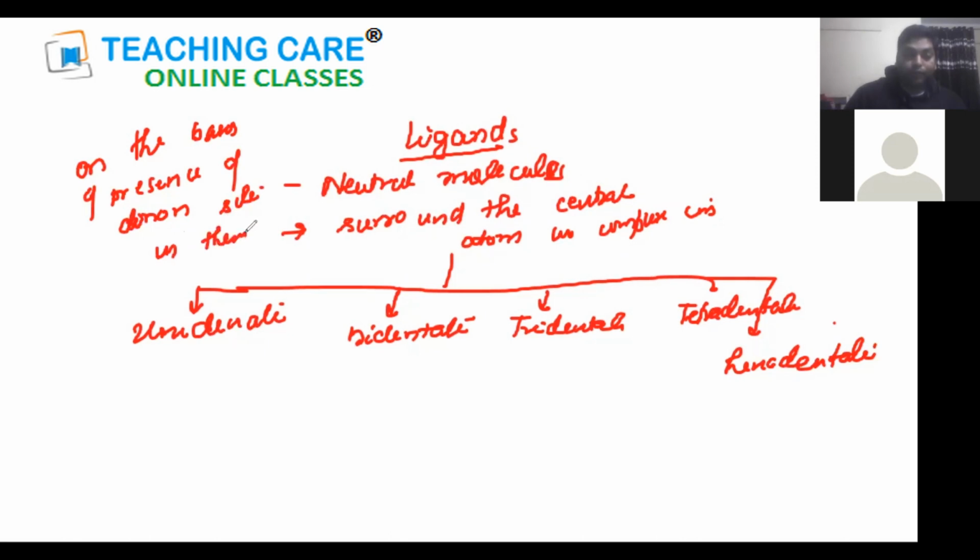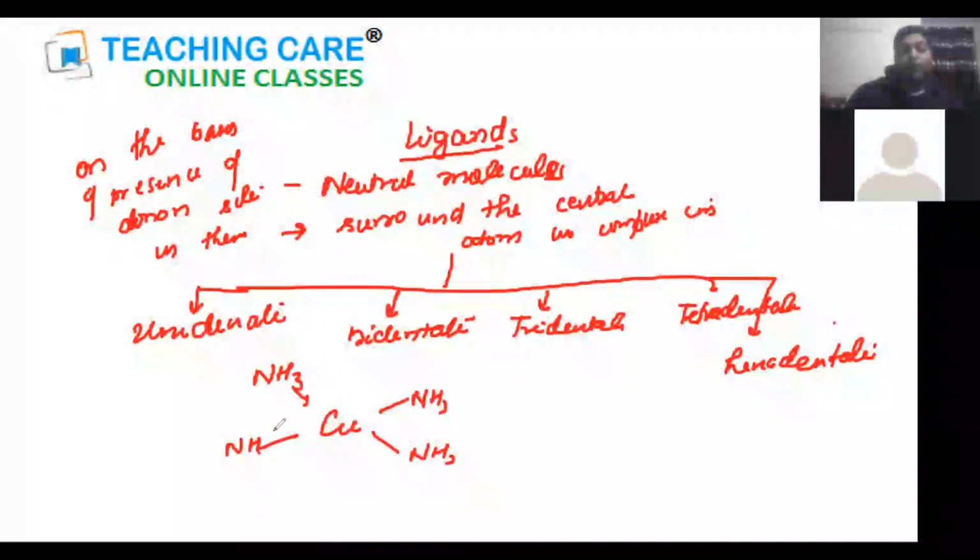For example, if this is the central atom and these are NH3, NH3, NH3, NH3, there are four molecules attached to it, and each has one donor site.